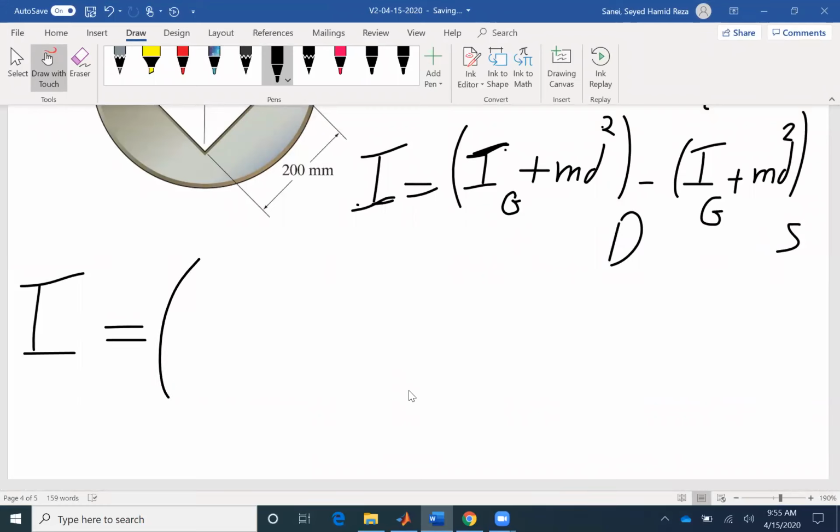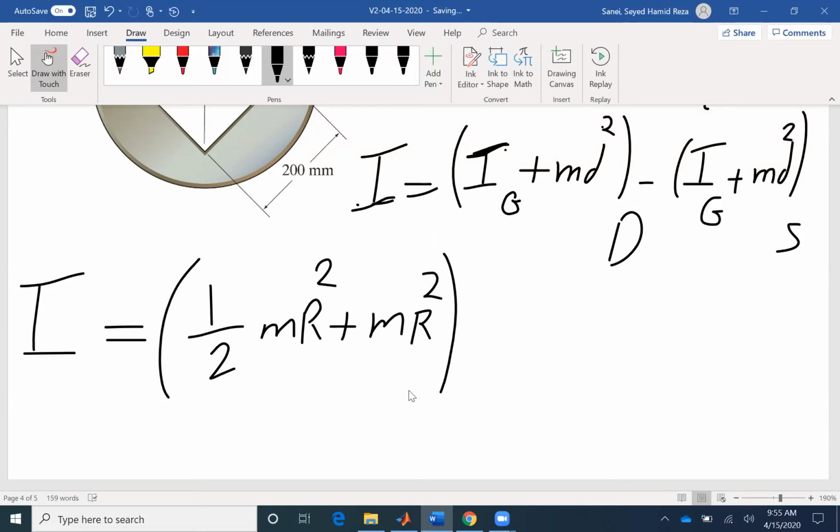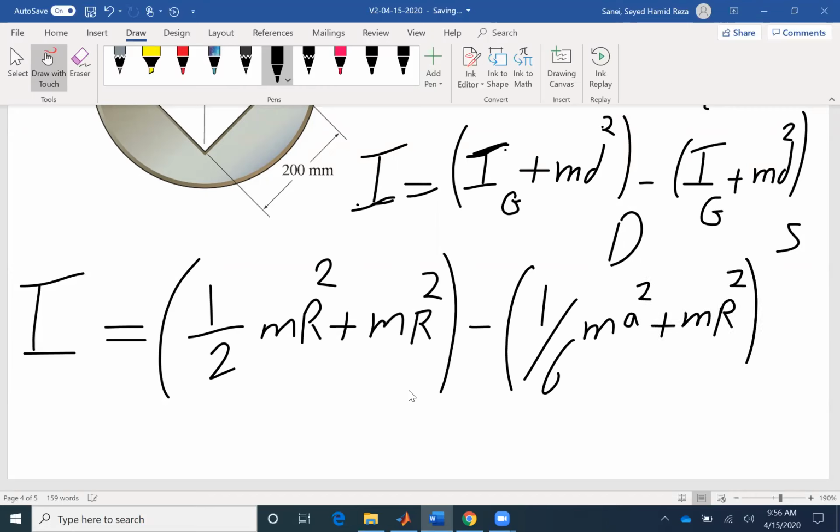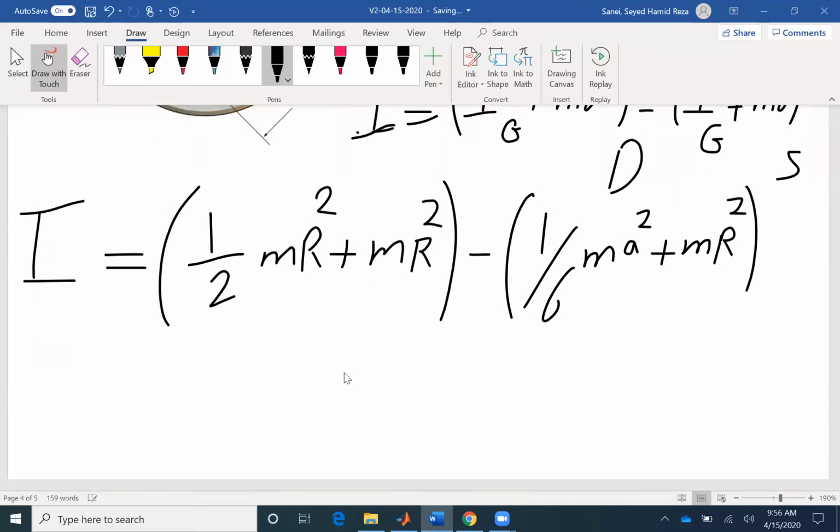I_G, the moment of inertia of the disk about its center of gravity, is half m r squared. I need to use the parallel axis theorem to move it to point O. Same thing for the square: about its center it is 1/6 m a squared. I need to move it by r squared here.